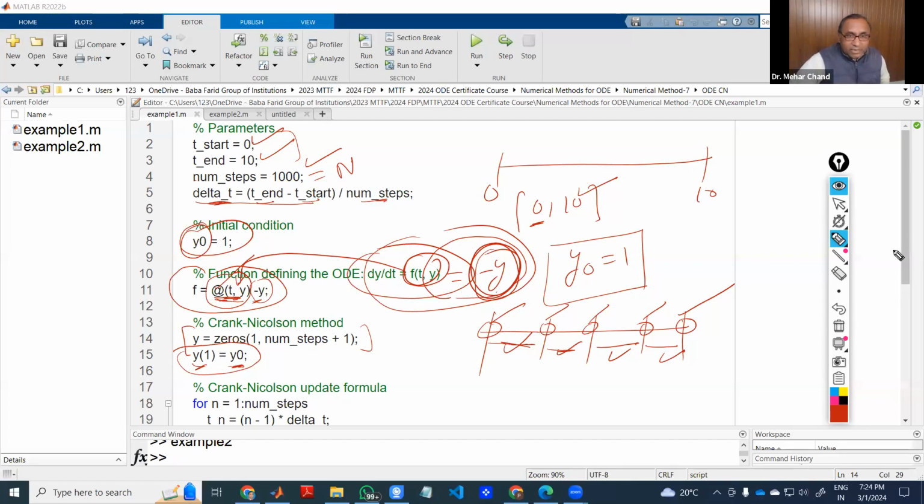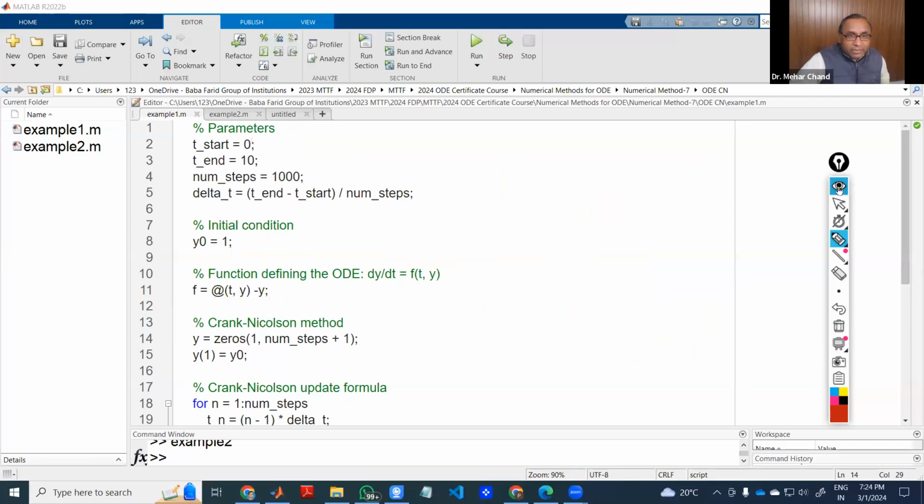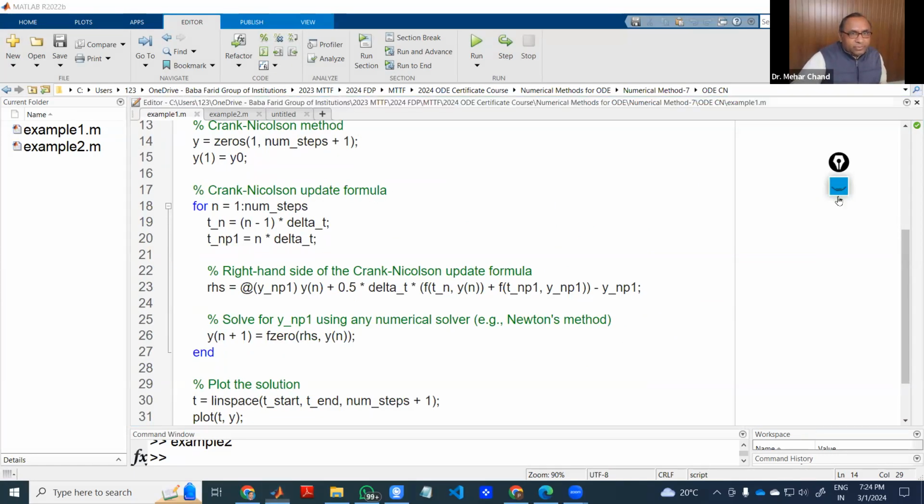Now we will implement our approach to get all the values. Come here. So this is the Crank-Nicolson update formula. Here we will update the values, where n will start from 1 to number of steps. So here is the iteration. Tn will be equal to n minus 1 times delta t, and Tnp1 will be equal to n times delta t.